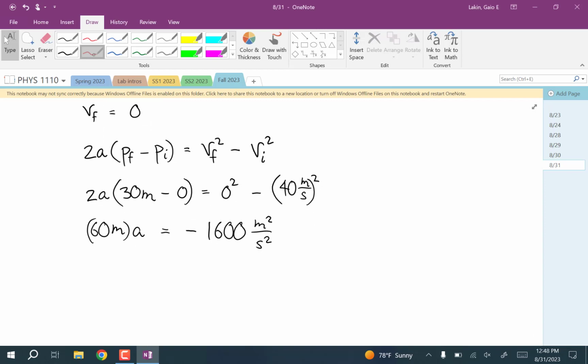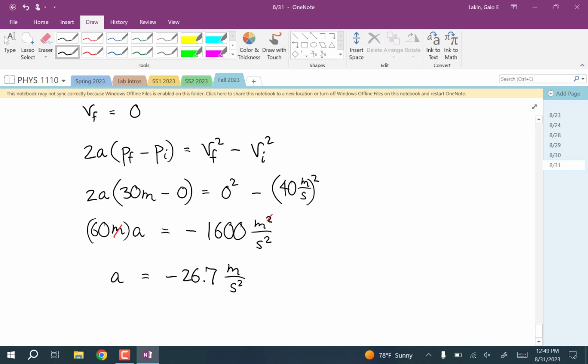You can divide meters from both sides. Then this goes away, and one of these 2 meters goes away. And then divide both sides by 60, and you get that A is equal to negative 26.7 meters per second squared.